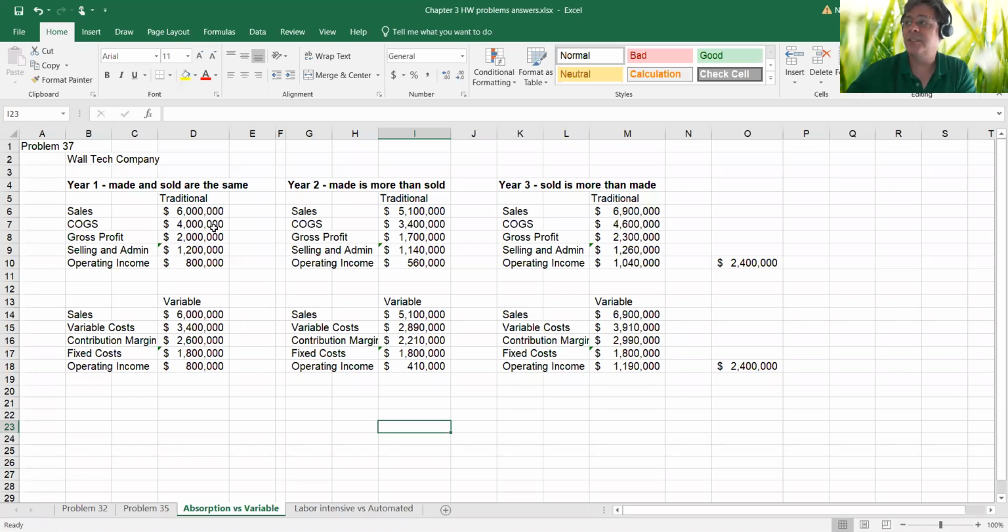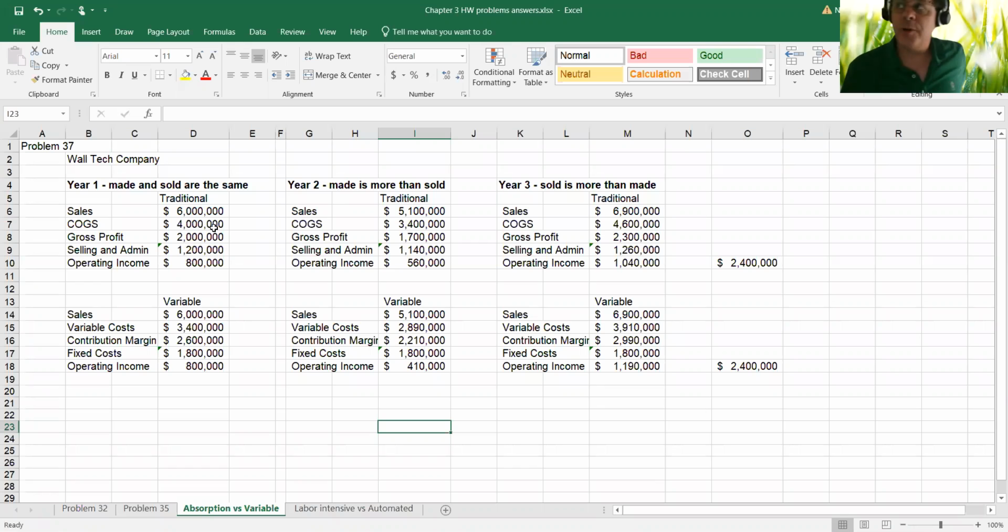The problem gives us the variable costs per unit. It tells us that direct materials were $8, direct labor is $3, manufacturing overhead is $4 variable, just like I broke it down when we did it on Tuesday.